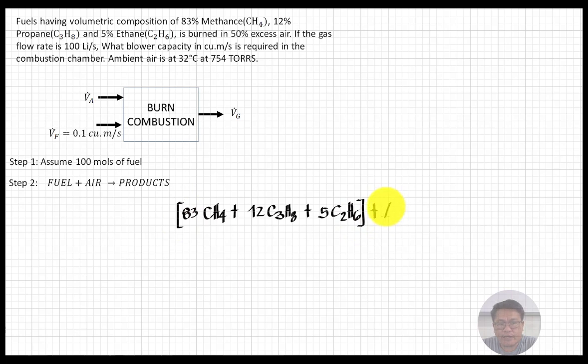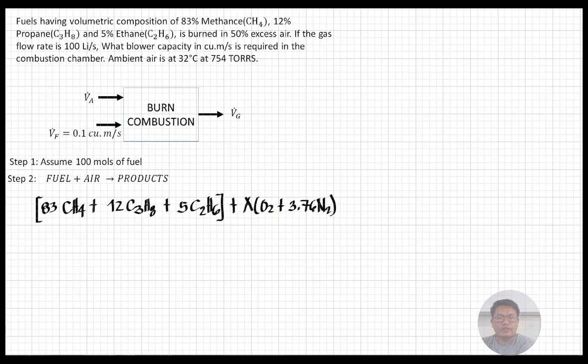Then I'm going to add your A, which is our unknown, and multiply that by oxygen plus 3.76 of nitrogen. Then our product here will be B CO2. Then we're going to add the value of your unknown C, that will be your H2O.